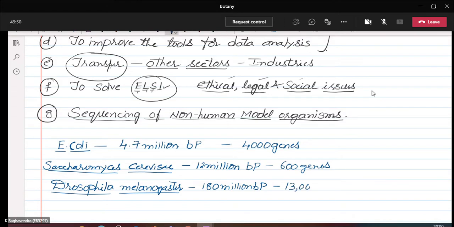Genes means these are expressive sequences. They are expressing and they are performing a particular function. You have to understand this. Then a nematode, Caenorhabditis elegans.